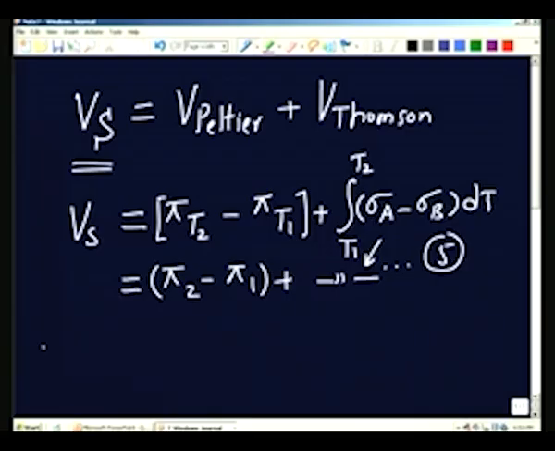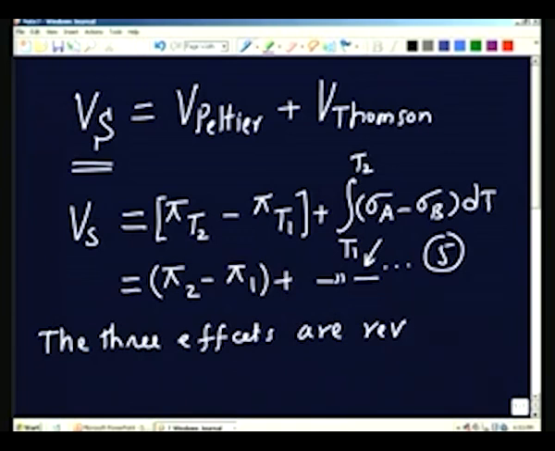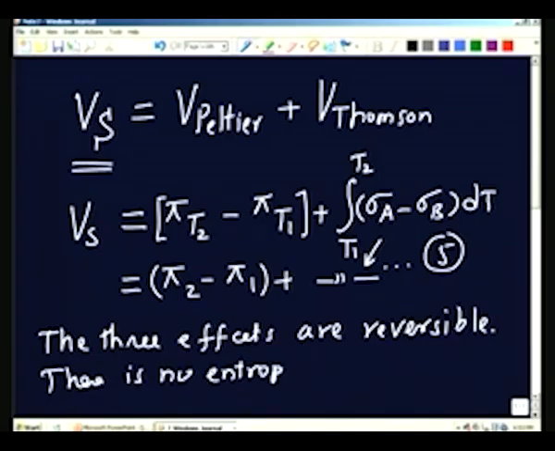Now, I am going to invoke the fact that the 3 effects are reversible, and what it means is that there is no entropy generation, or the change in the entropy is 0, because these are all reversible processes.